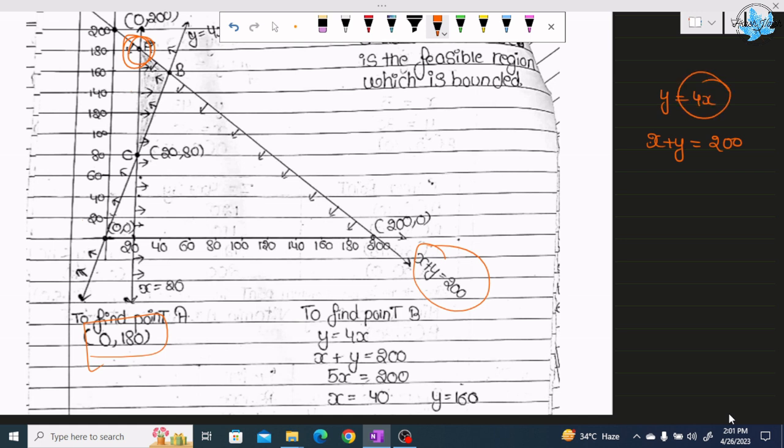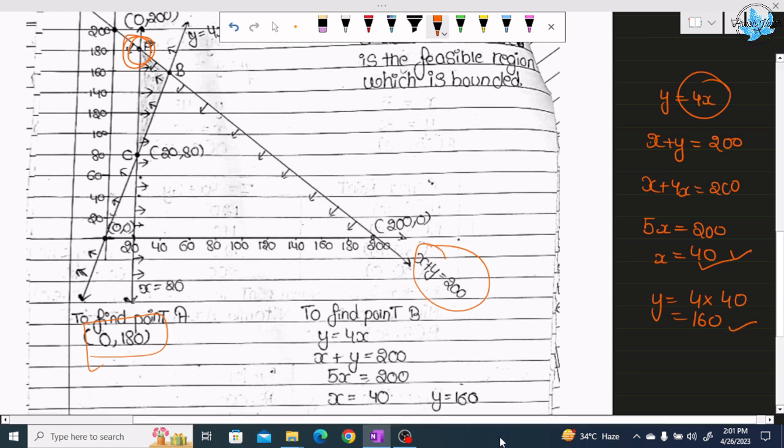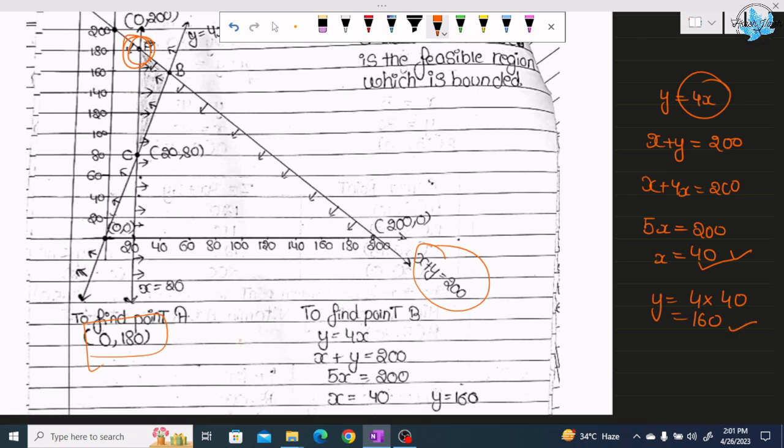Just put the value of y, that is x plus 4x equals 200. You will get 5x equals 200, so x equals 40. When you get x equals 40, put y equals 4 into 40, then you will get 160. So you get the B coordinate, that is (40, 160).